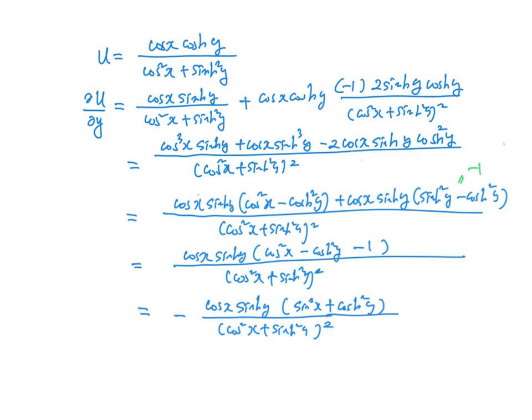So 3, cosine square x plus sine hyperbolic square y, sine x sine hyperbolic y. Let's check. So partial x, 3. Same.